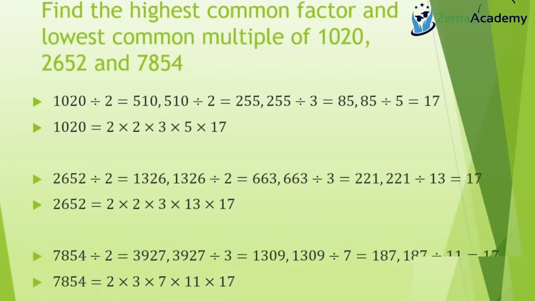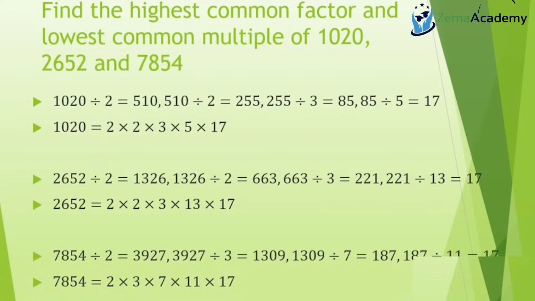So I factorized each of these numbers out. So the first one, 1020, I know I can divide by 2 because it's even. 510 I can divide by 2 because it's even. Then I can divide by 3, and etc., and etc.